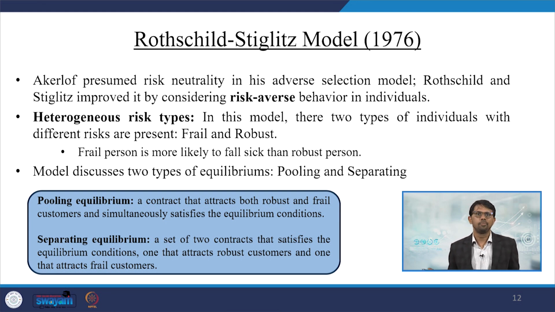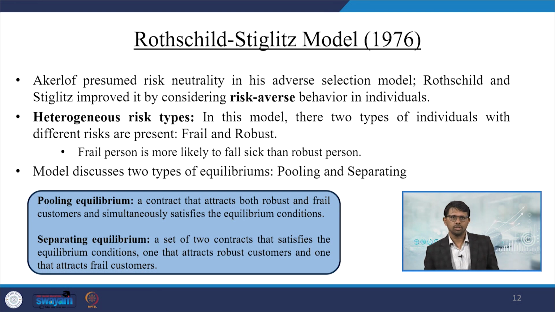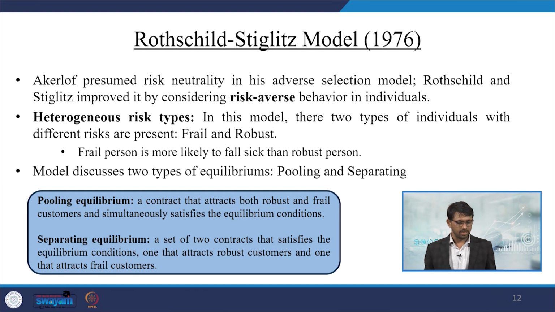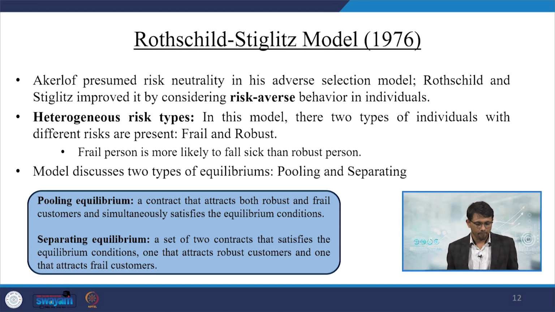Rothschild and Stiglitz improved it by considering risk averse behavior in individuals. Heterogeneous risk types are what we are clarifying here. There are two types of individuals with different risk: frail and robust. A frail person is more likely to fall sick than the robust one.